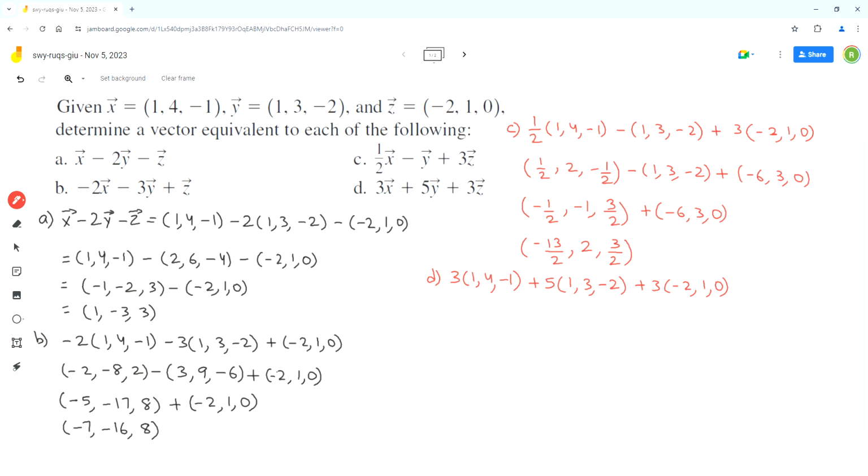So we'll multiply vector x by 3. We'll multiply vector y by 5. And we'll multiply vector z by 3.